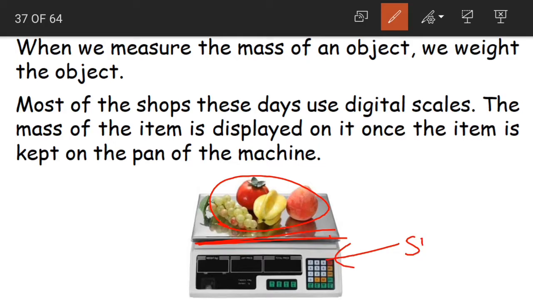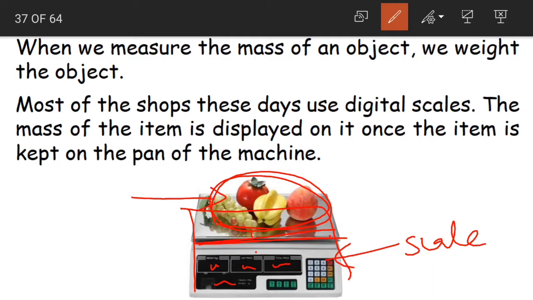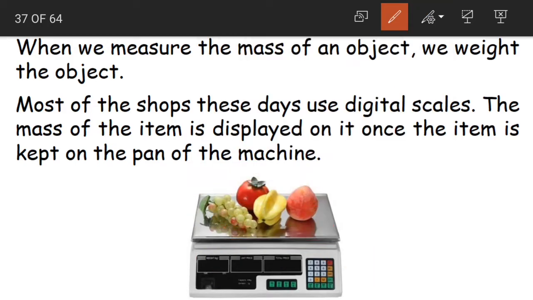This instrument is called a weighing scale or weighing machine. As soon as we put the objects onto the scale, the weight will be displayed here. Yes or no, children? The numbers automatically appear. It tells us the exact mass or weight of the objects placed on the machine. It is very easy, right?